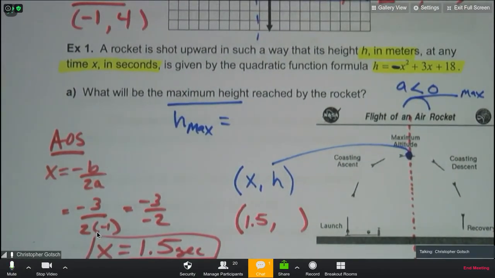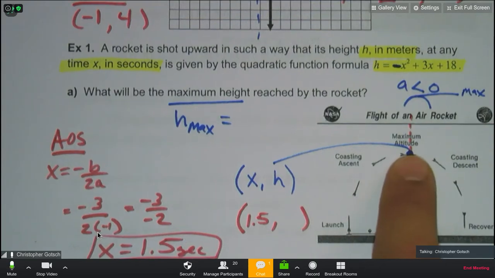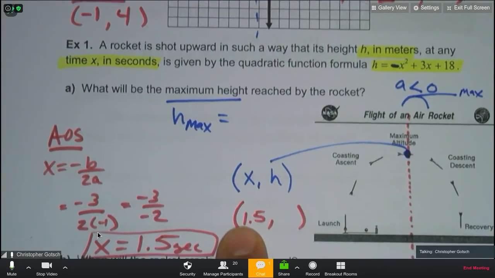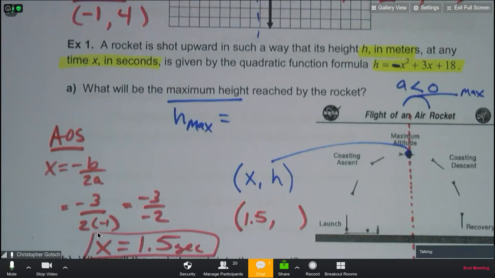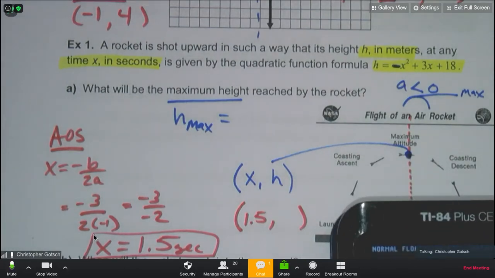We got x. How do you find h? Shout it out. How do I find this h? We got x. Nick, how do you do it? Boom. You can plug it in your calc, right? You could do it by hand.